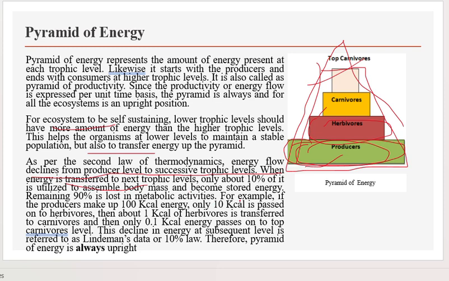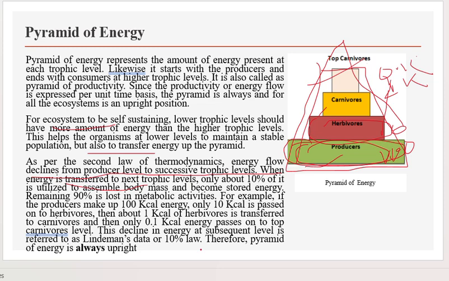For example, if the producer makes 100 kilocalorie energy, then only 10 kilocalorie is passed to the next trophic level, that is herbivores. Here 10, here 100. From 10, only 1 kilocalorie is transferred to the next level, and then only 0.1 kilocalorie is transferred to top carnivores, and the remaining is lost in metabolic activity.